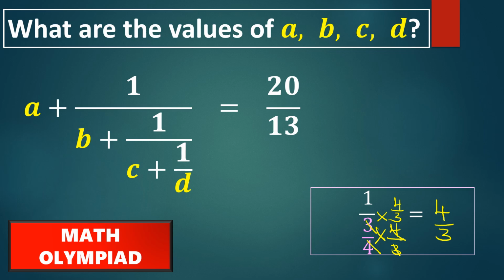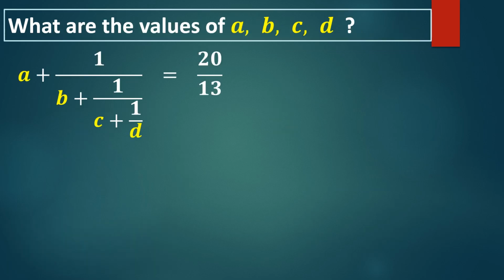Okay, back to our continued fraction. So given A plus 1 over B plus 1 over C plus 1 over D is equal to 20 over 13.